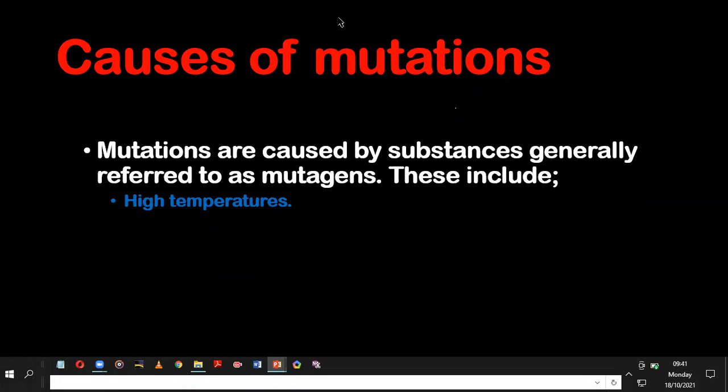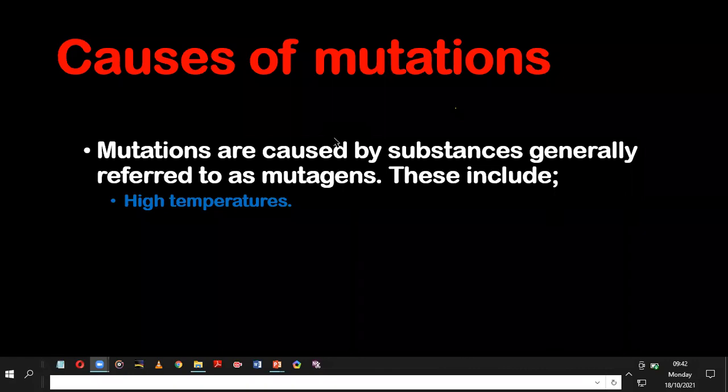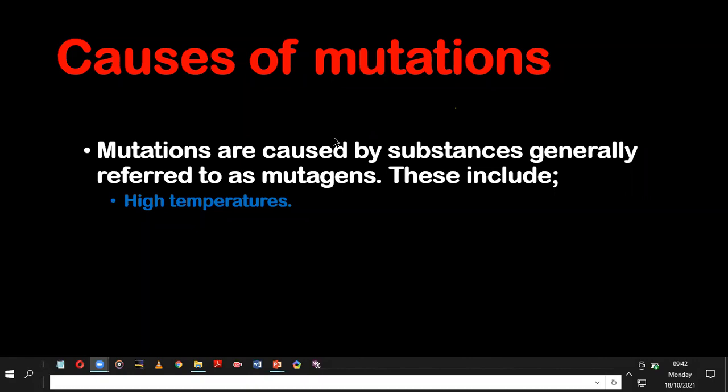If you expose DNA to high temperatures, it fails to accurately replicate, and errors in DNA replication can lead to mutation. Exposure to high energy electromagnetic radiations, e.g. UV light. This is good, guys. It is impressive.